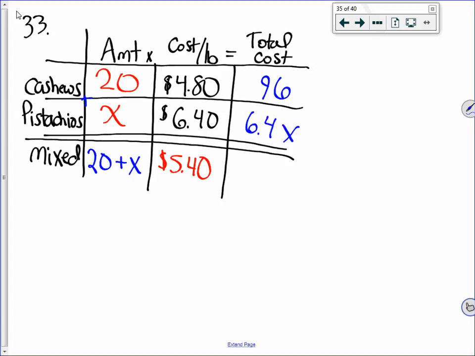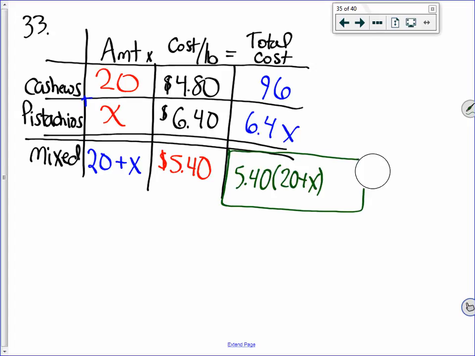And now, this is why they lump together these problems with all the chemistry type problems and the antifreeze problems, because the structure is the same. The way you calculate this cell is the same. We multiply across to get one side of the equation. And you can multiply that ahead of time, or you could just leave it like that.